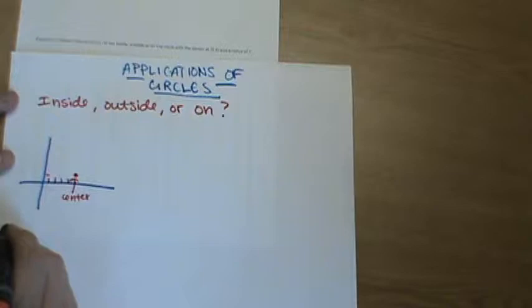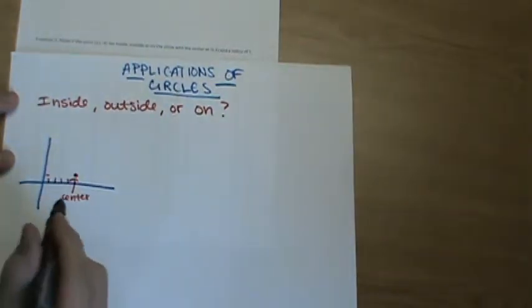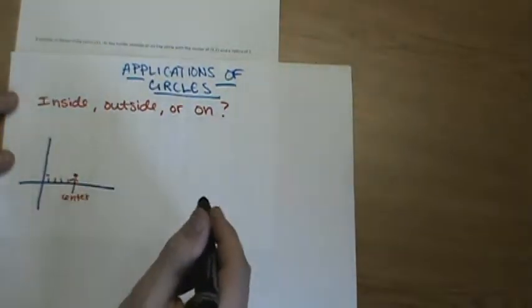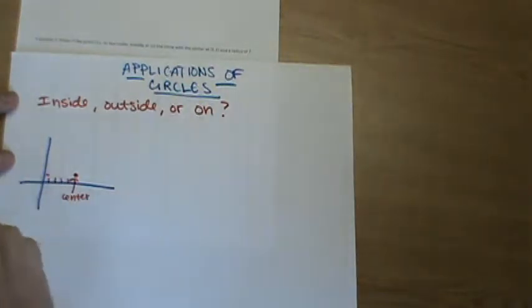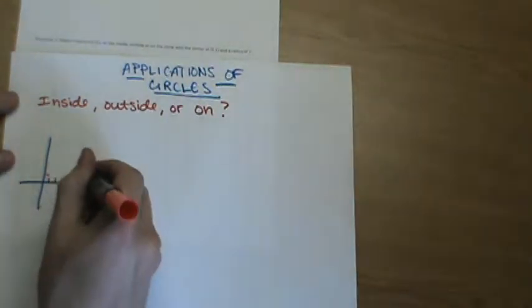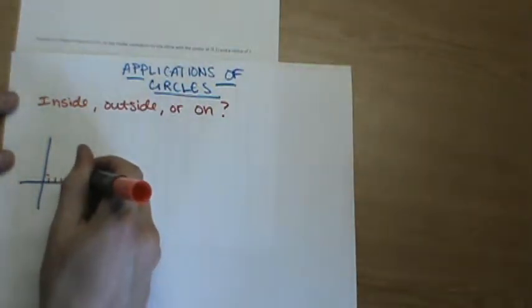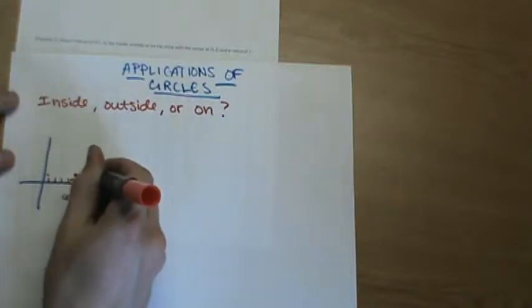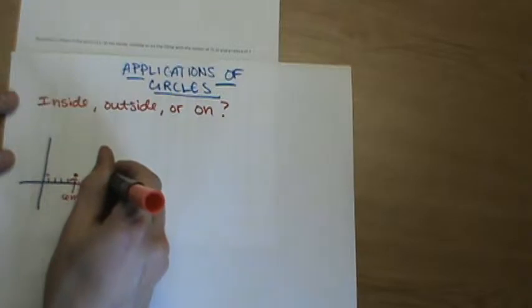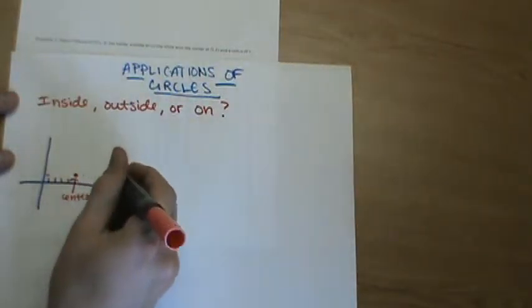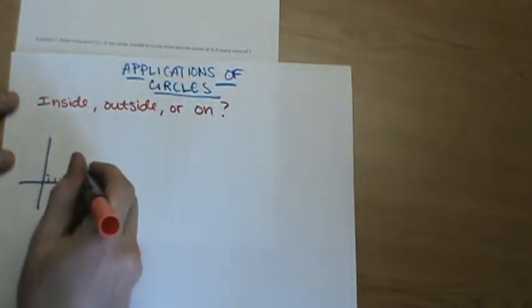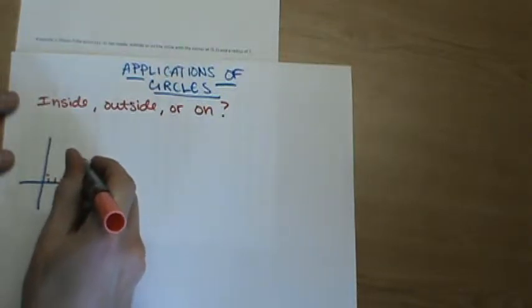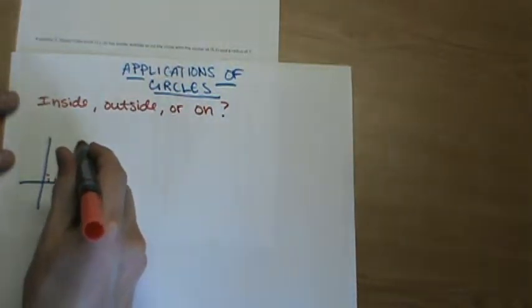Then it says it has a radius of 7. So I can go ahead and put a dot 7 out to the right, 7 up, 7 down, 7 to the left. So I'll do that now. So I have 5, 6, 7, 8, 9, 4, 5, 6, 7. And then I go up 7. 1, 2, 3, 4, 5, 6, 7.